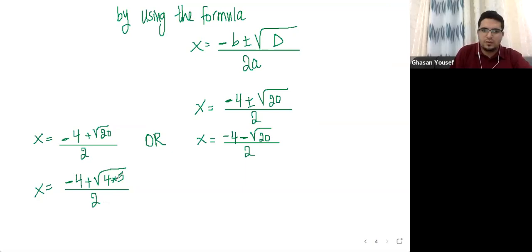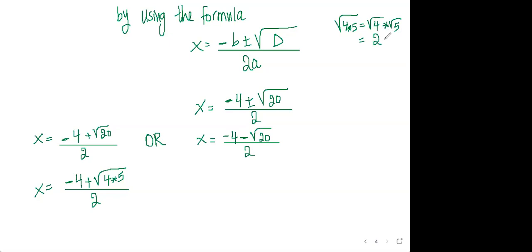And here the square root of 4 times the square root of 5. What is the square root of 4? It is 2. So this is 2 times the square root of 5.